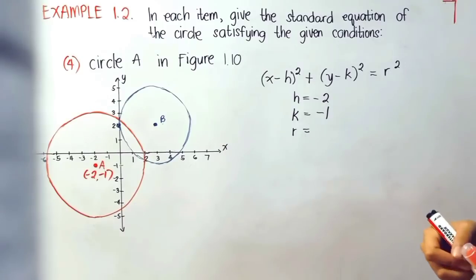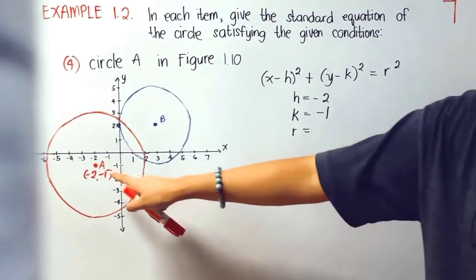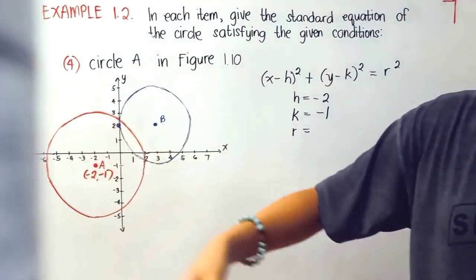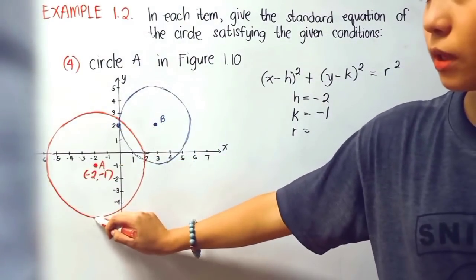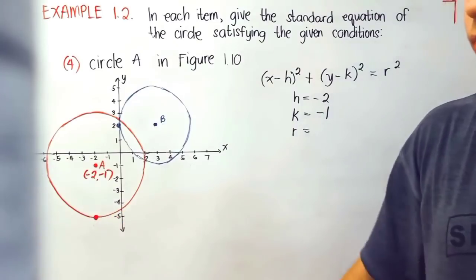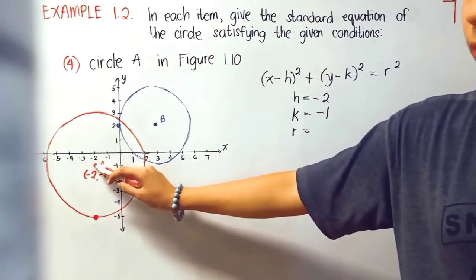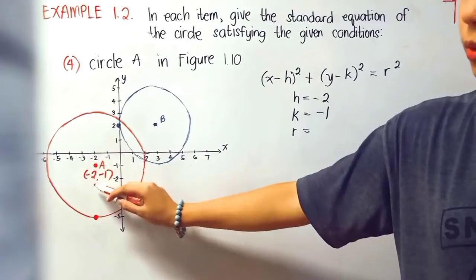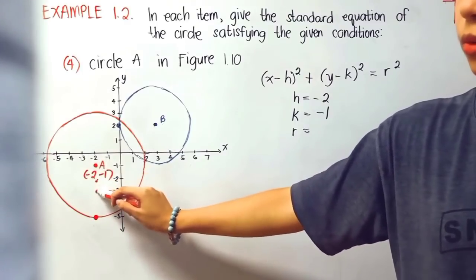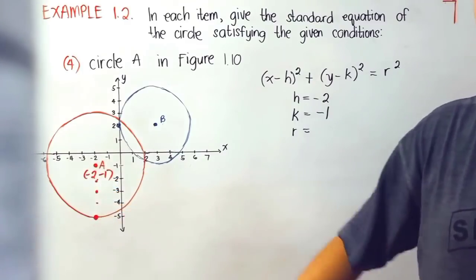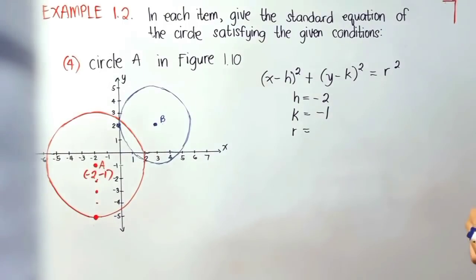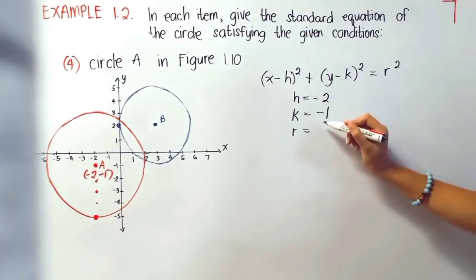Our r is still unknown, so I will be selecting a point here in the circle. I will be choosing this point. Now I will be counting the units from the center to that point. 1, 2, 3, 4. Since they are 4 units away, our radius is 4.